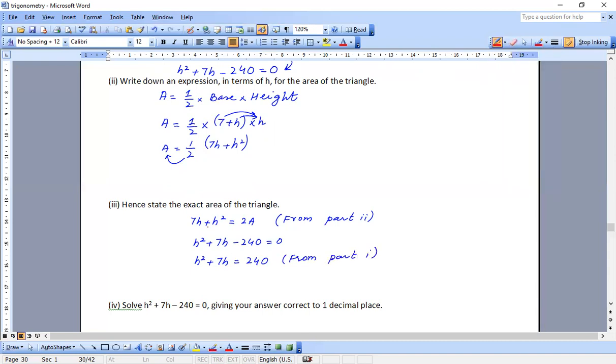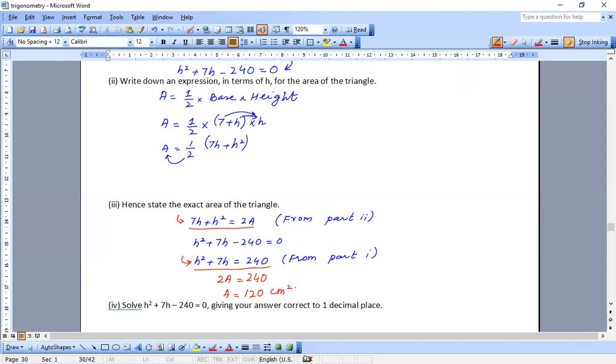Now, if you compare these, h square plus 7h equals 2a, and from here h square plus 7h equals 240 as well, which should mean that 2a is equal to 240. And from here I can find out the value of a, which is going to be 120 centimeter square.